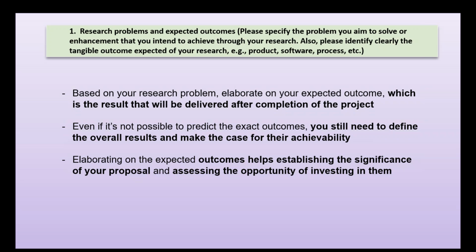The most important thing is to elaborate on them clearly based on your research program. This is important because if you elaborate on your expected outcomes, then you will establish the significance of your proposal. It is also an opportunity for the panelists to assess the opportunity in investing in your expected outcome.